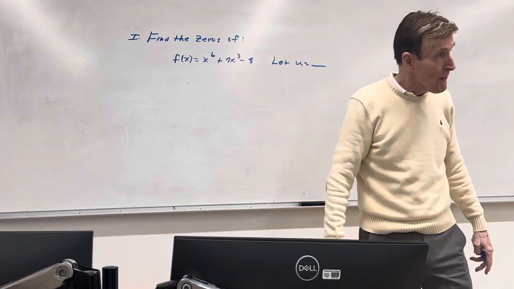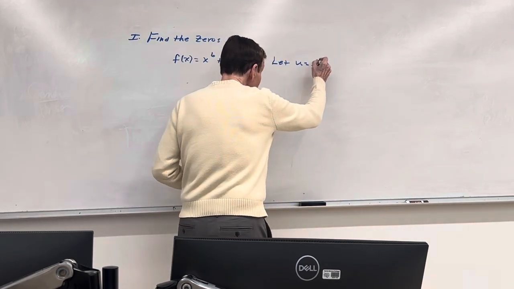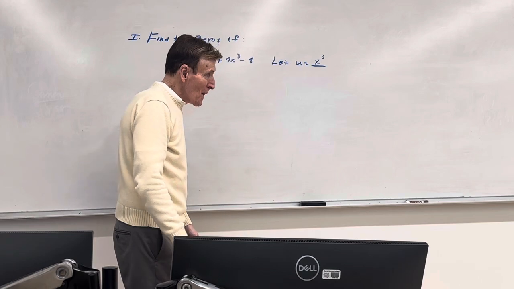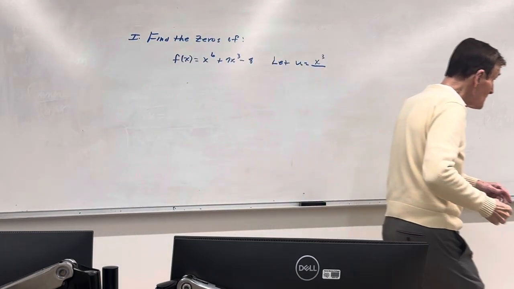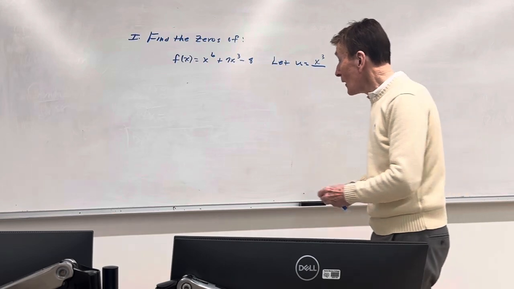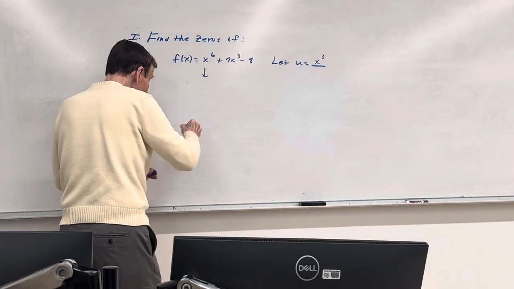Yes? x cubed, hang on. So you're saying let u be x cubed. Tell the class why you chose that. Because we have u as x cubed, we will have u squared plus... Okay, hang on now. You got it. You're saying this x to the 6th, he's being clever.